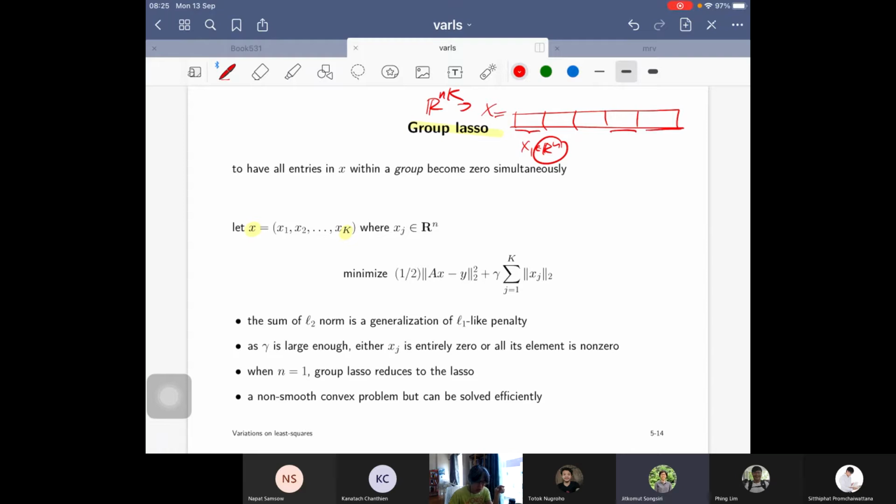Now your purpose is not about having sparsity in x, but you want the whole block of x in some groups to be entirely 0. In this example, let's say your x has 5 blocks. Somehow you know that some blocks should be sparse, but whenever a block is sparse, the whole block is exactly 0.